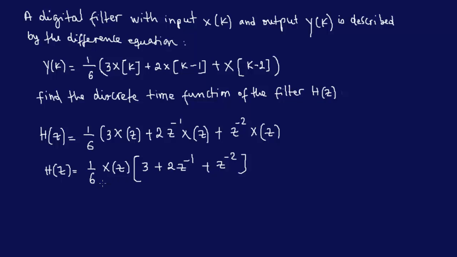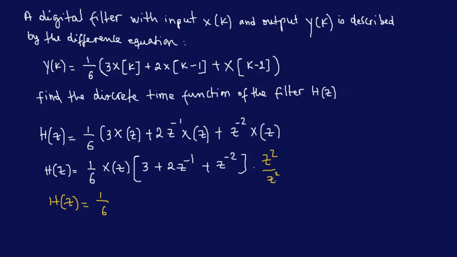If you multiply by z squared over z squared, that's like multiplying by 1, so we're not changing anything, and we have h of z. Of course, if you had a power of 4, then you would multiply by z to the 4 and divide by z to the 4.